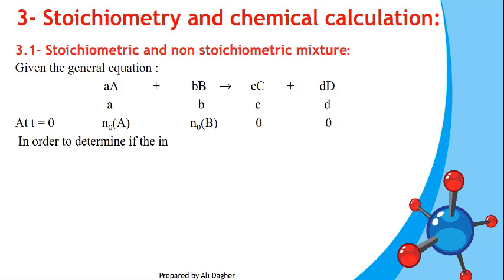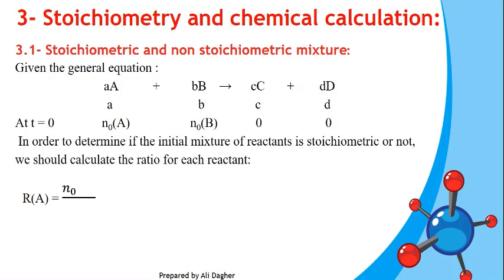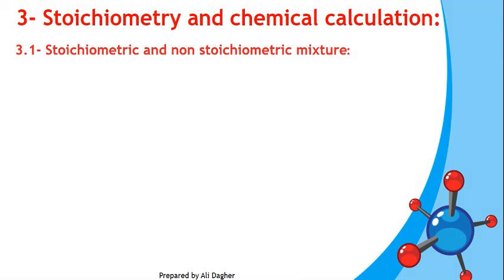In order to determine if the initial mixture of reactants is stoichiometric or not, we should calculate the ratio for each reactant. For A, ratio of reactant A equal n0 of reactant A over stoichiometric coefficient of the reactant, which is a. And for B, n0 B over b. We have two cases.